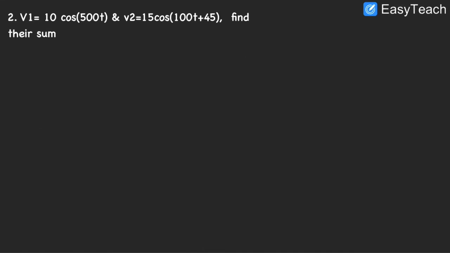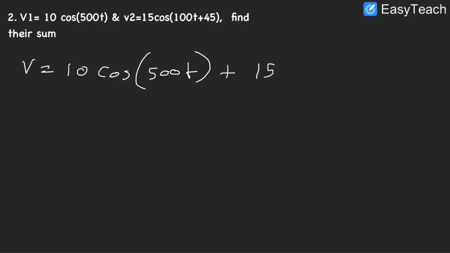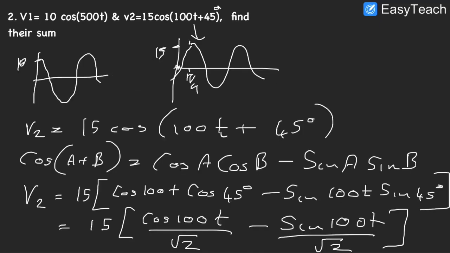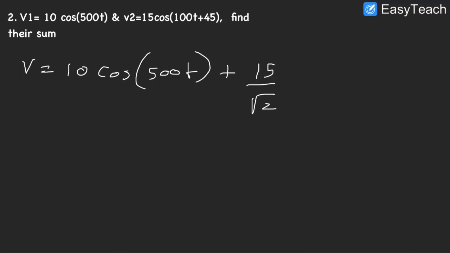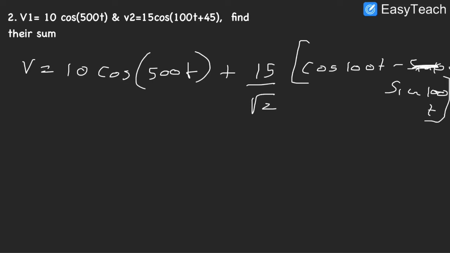Now the sum of these two signals is just going to be 10 times cosine 500t plus 15 over root 2 in this signal right here. I'm going to write it here. Okay, that was a little messy.